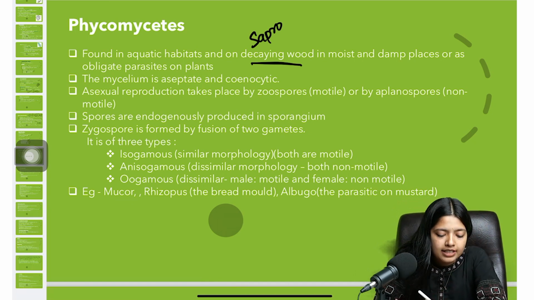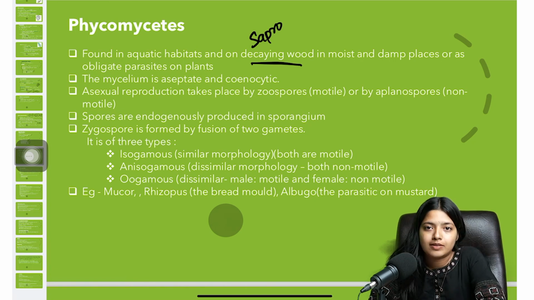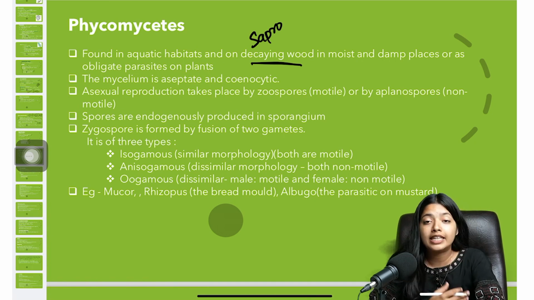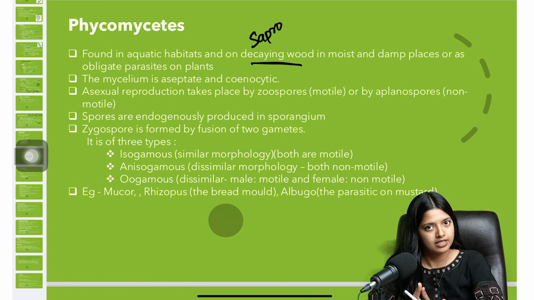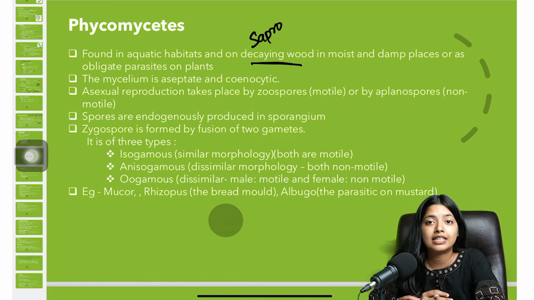They are also seen as obligate parasites on plants. So, found in aquatic habitats; on decaying wood as saprophytes; and as obligate parasites on plants. Is that clear?